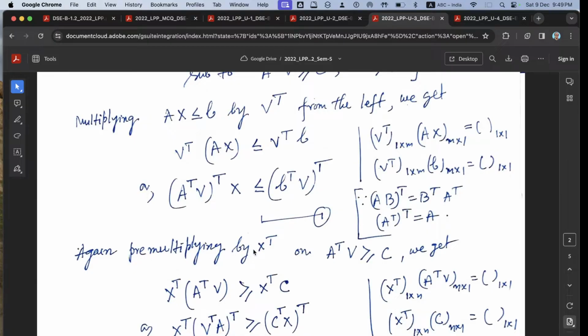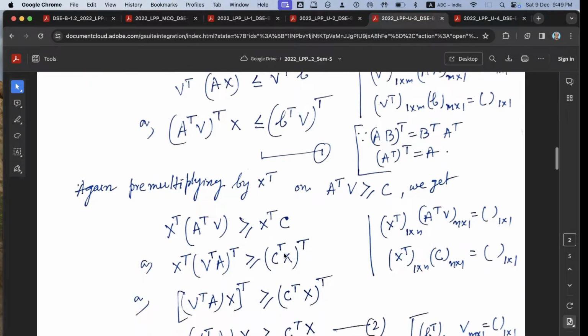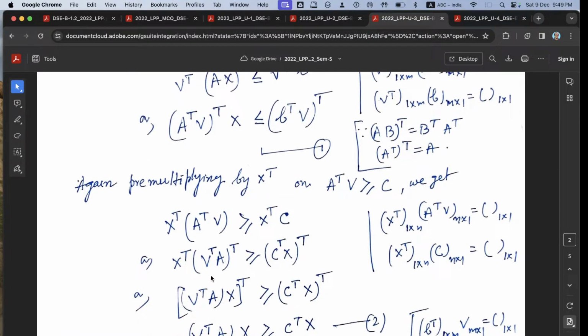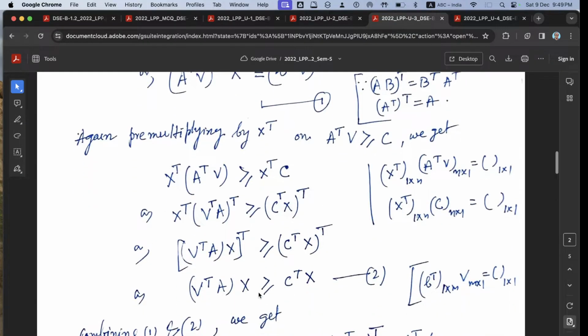Again, pre-multiplying A transpose V greater than or equal to C by X transpose, we get this. From the matrix definition of transpose, (AB) whole transpose equals B transpose A transpose. So from this we can write this.